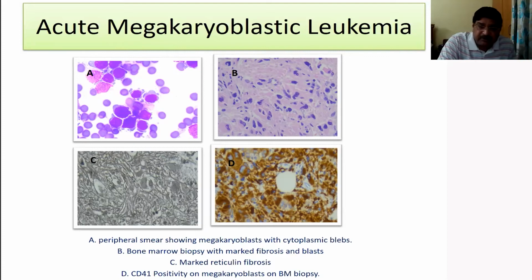The aspirate may be a dry tap or a blood tap. You will not find a lot of cells in the aspirate, but they're all immature megakaryoblasts, and if you do a reticulin stain, the reticulin pattern will be increased. You do the CD41 and CD61, significant positivity of these immature cells. So you'll have no hesitation in calling them acute myeloid leukemia with megakaryoblastic or megakaryocytic differentiation. Next.